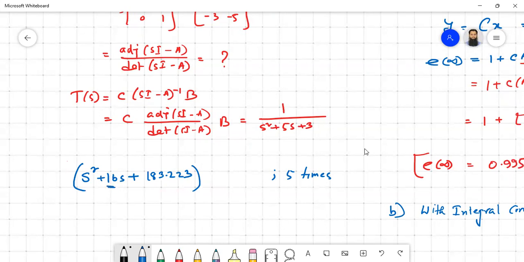Sigma is basically minus half of the coefficient, 16, from the characteristic equation, minus b plus minus square root of b square minus 4ac over 2. So 16 by 2 is coming, that is approximately 8.